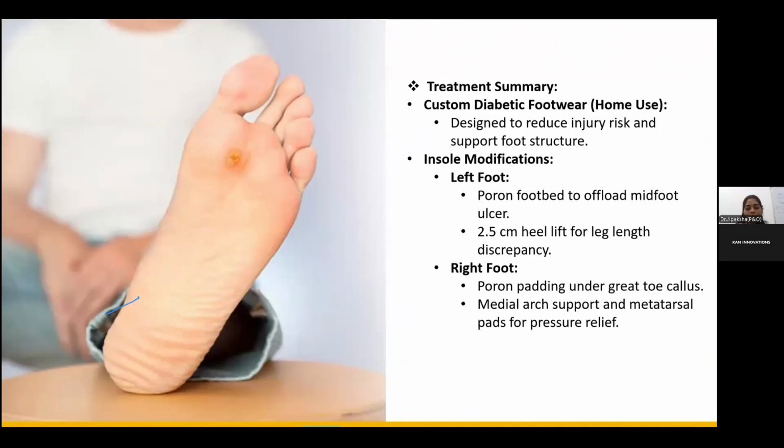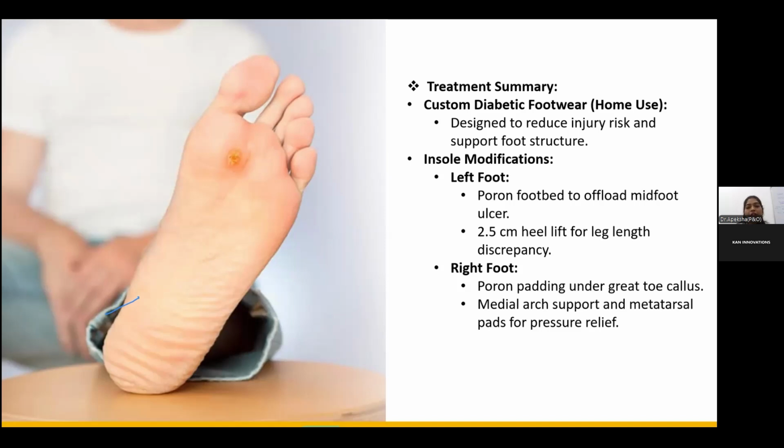So he was a homebound patient and he wanted to use footwear at home. So we gave him custom diabetic footwear personalized for him, designed to reduce his injury risk and support foot structure. In his footbed modification, we added a Poron material. You must have heard about this material, which is diabetic friendly and offloads the midfoot ulceration.